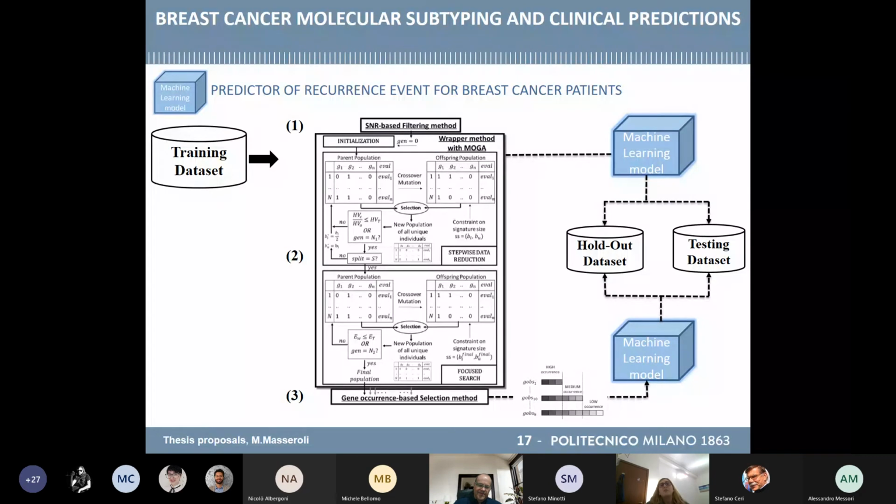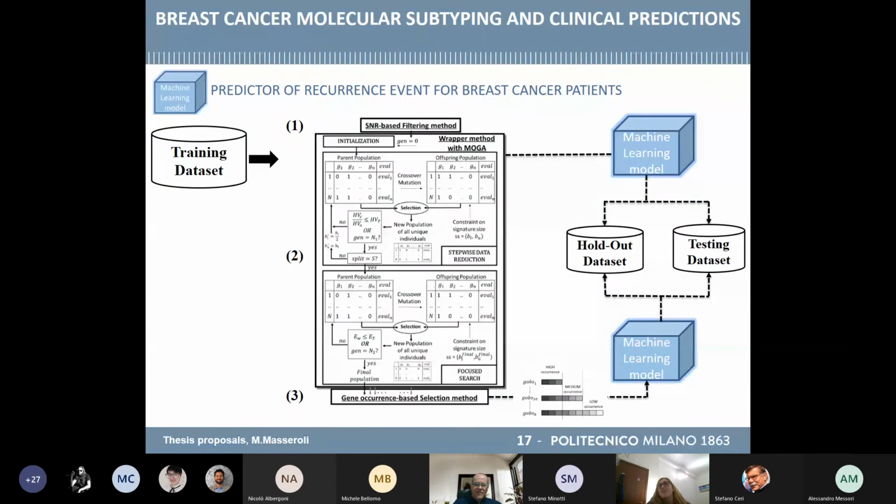So it's very important to produce an additional layer of feature selection, able to condense all the gained information and provide the relevant signatures that are basically subsets of genes of interest used as feature space for our recurrence event predictors.